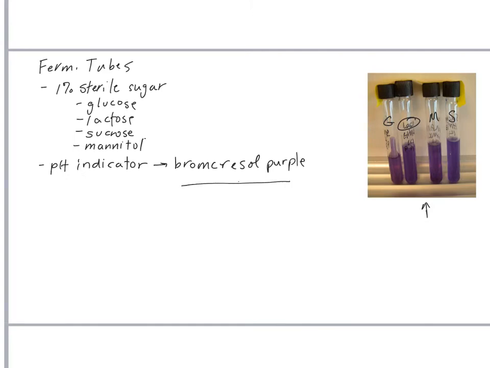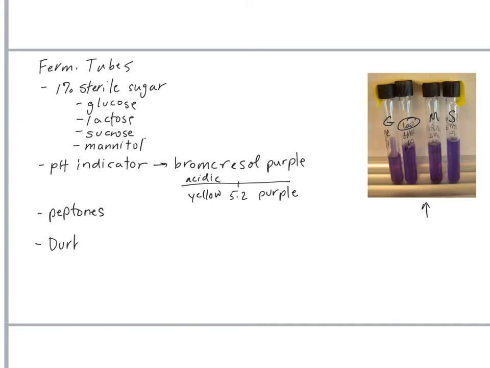And with this pH indicator, we get a color change at about 5.2, so it's purple above that and yellow when it's more acidic than about 5.2. Okay, there's also some peptones in this medium, some short chains of amino acids, and we're going to get back to why that's important later.